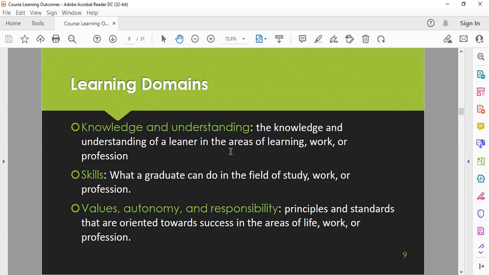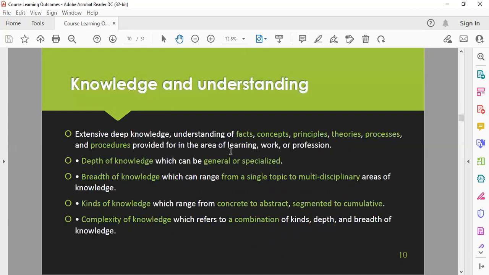According to the NQF, knowledge and understanding is what we should help our students gain: the knowledge and understanding of a learner in the areas of learning, in the areas of work or profession. So see the connection between learning, university, and labor market. Skills: what a graduate can do in the field. Values, autonomy, and responsibility: principles and standards that are oriented towards success in the areas of life. This third one, as I mentioned earlier, is very crucial because it creates the connection between university and labor market. And the others do as well, but this is very important.